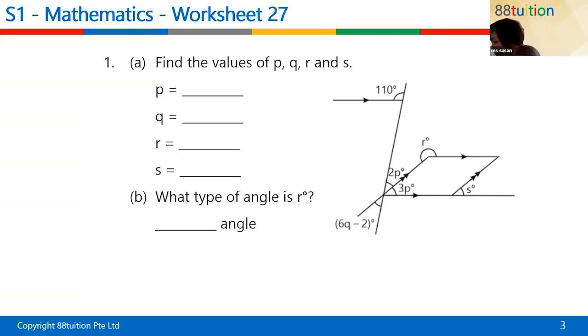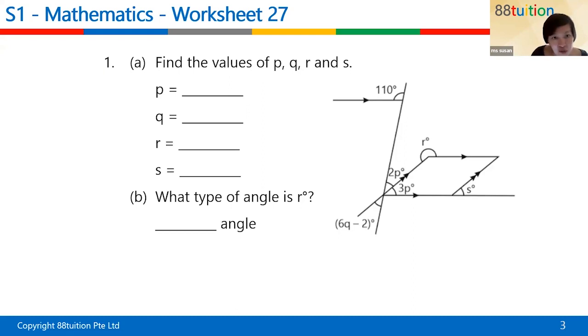For these angles, I'm not too sure whether your school requires you to write out the names of the angles. But if I go through the tutorial here, I'll probably do more referencing. Then in the end, if your teacher requires you to write out the statement, please do them neatly.